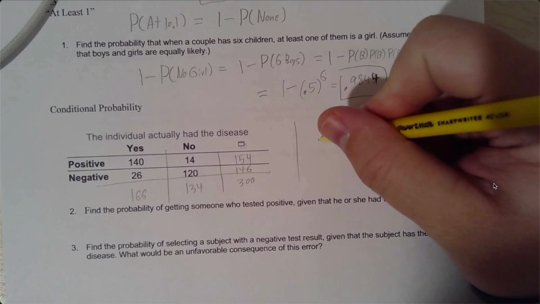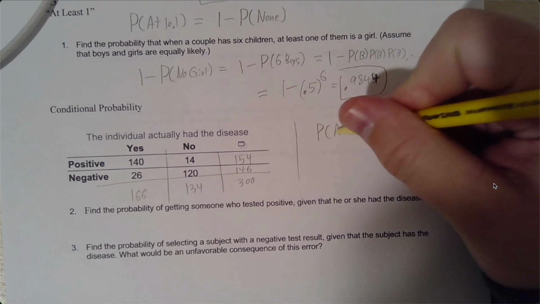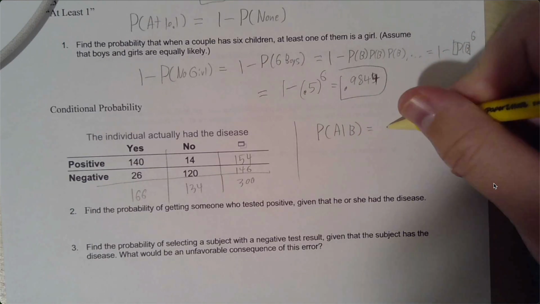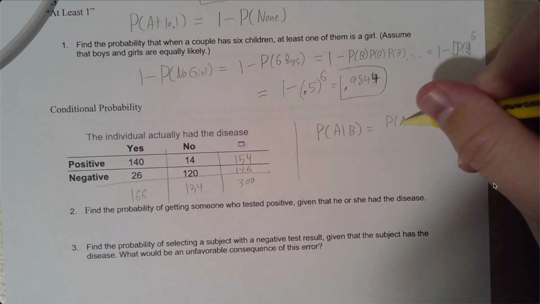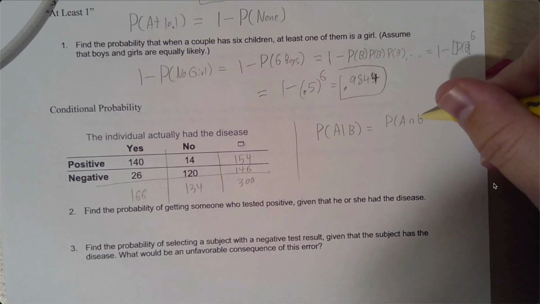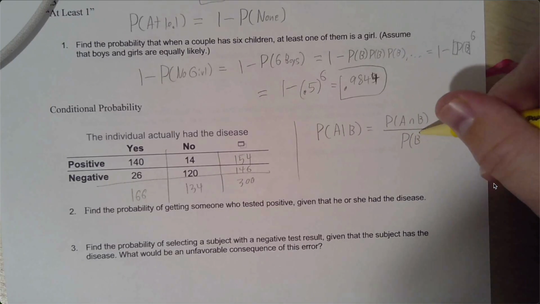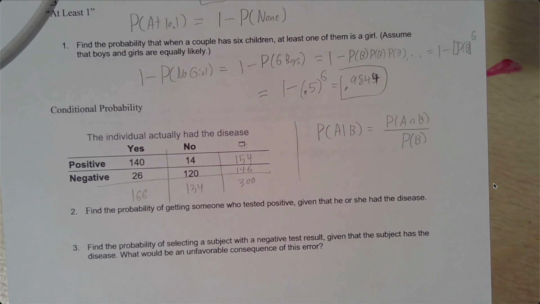Conditional probability looks like this. We write it as A given B. It's that vertical line. And that is always the probability of A and B, both of them occurring, divided by the probability of B occurring. Now, the other way you can phrase that is, if B has already occurred, what's the probability of A occurring also?